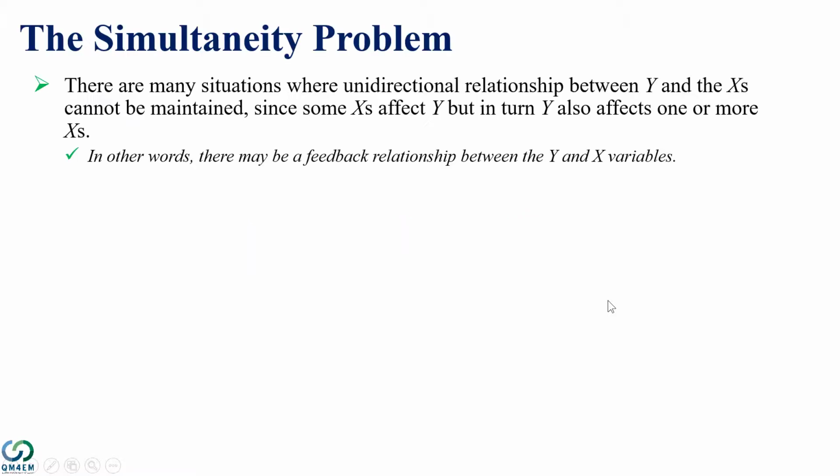We say in Keynesian economics that Y is equal to C plus I plus G plus NX, or net exports. So this is the Keynesian, or you can say the 4-sector economy model, in which output is a function of consumption, investment, government spending and net exports.